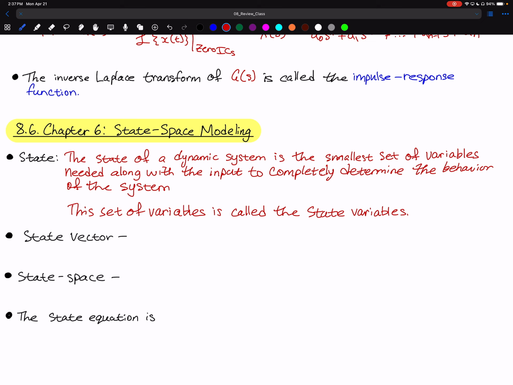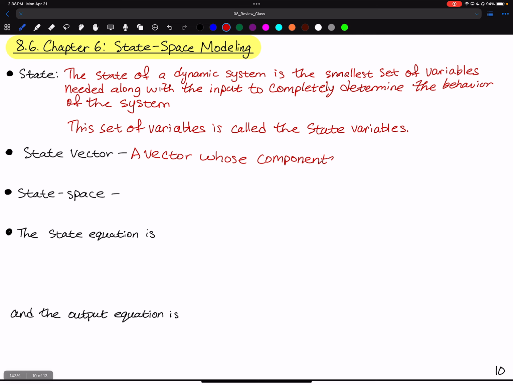All right, so then the state vector is a vector whose components are simply the state variables for a given system. So a vector whose components are the state variables for a given system.